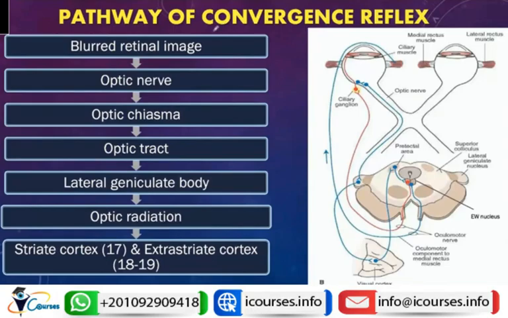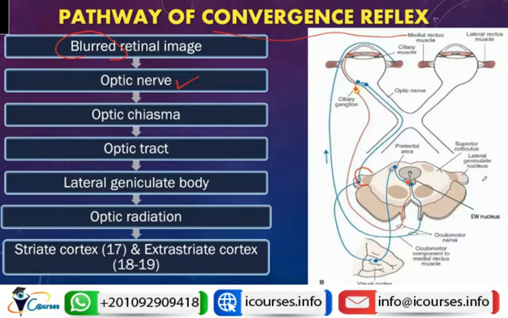So what is the pathway for the convergence reflex? What happens in order for the eye to converge? The stimulus will be the blurred retinal image, so fibers will pass through the same pathway like the optic nerve, then the optic chiasma, then the optic tract, but here the stimulus is vision. So the fibers will pass through the lateral geniculate body.